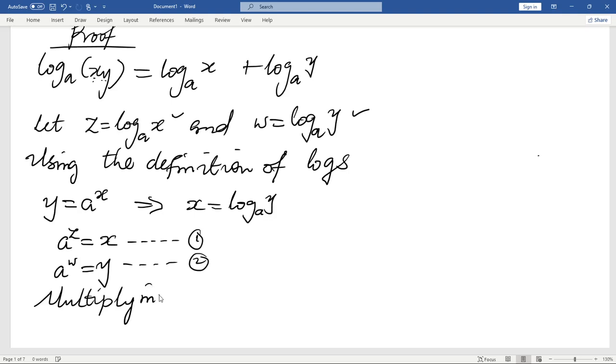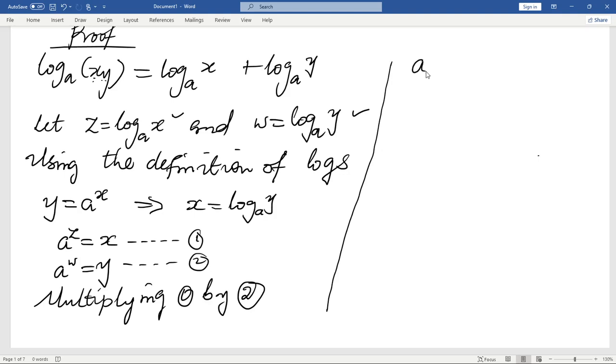If we multiply 1 by 2, we have a to the power z multiplied by a to the power w being equal to x multiplied by y.